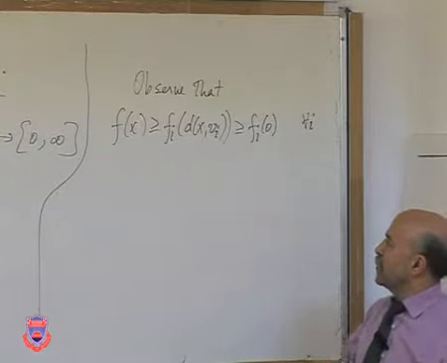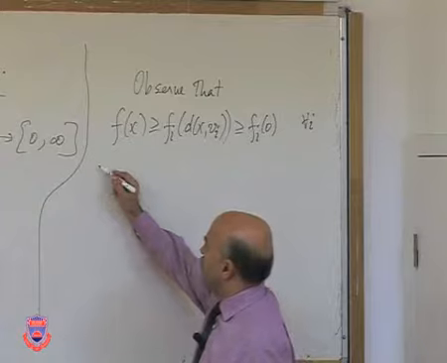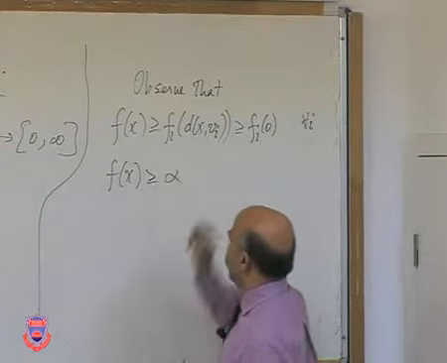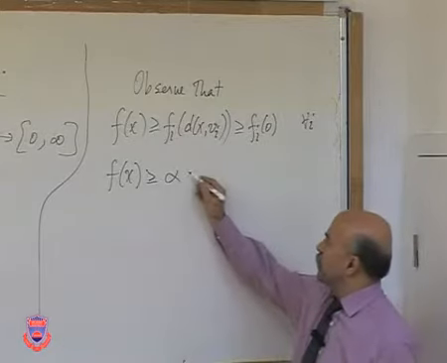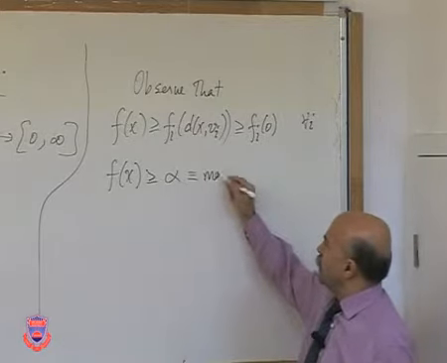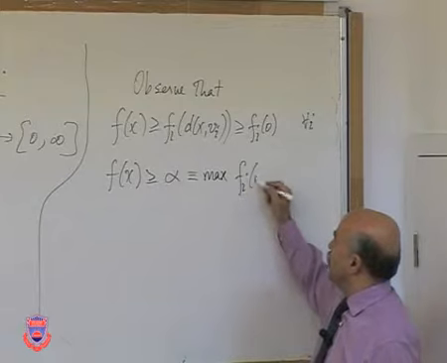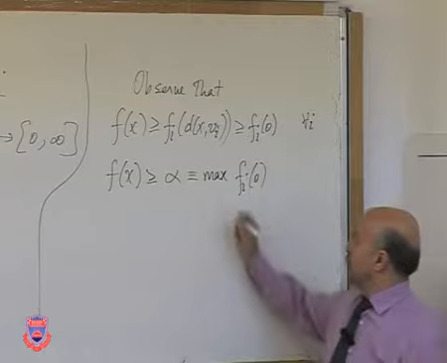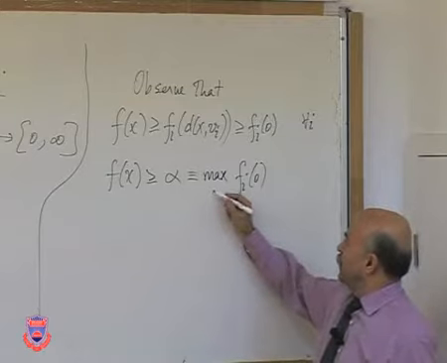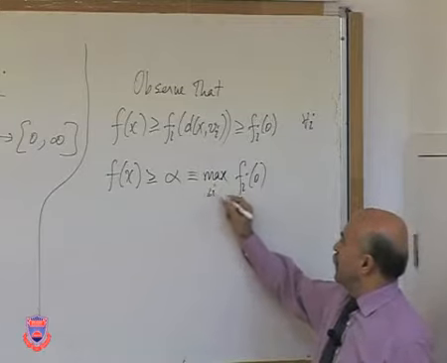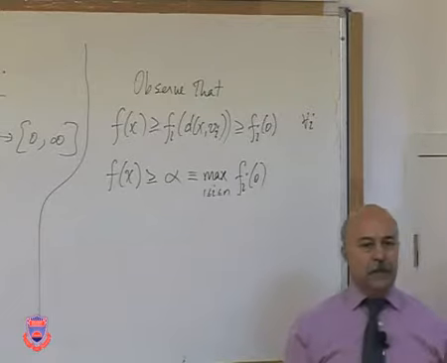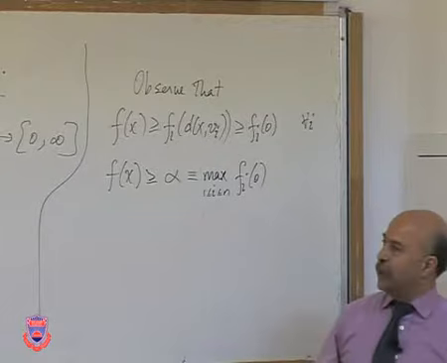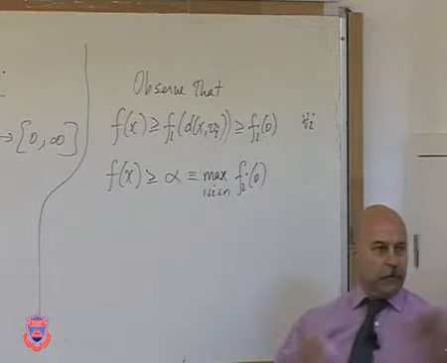What's the use of this? That simply tells me that f of x is actually greater or equal to alpha, which is by definition the maximum of my fi zeros. But fi zeros are always 0 in this case. Okay? So alpha is indeed 0 in this particular case. But then later on, of course, when we relax that assumption, alpha will be something else.